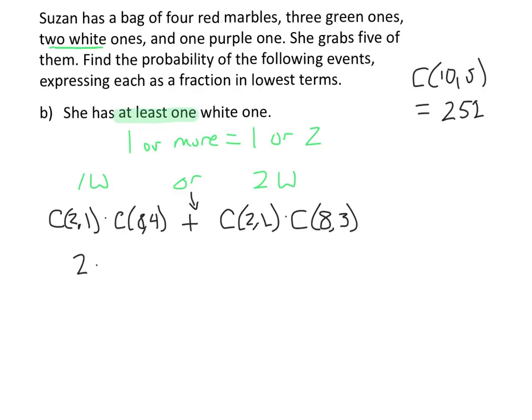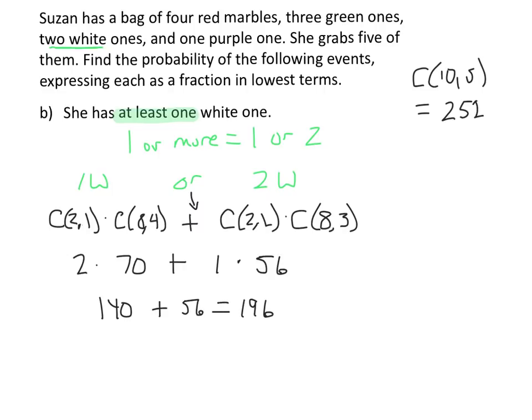And 8 NCR 4 is 70, plus 2 objects taken 2 at a time is 1, and NCR of 8, 3 will give us 56. 2 times 70 is 140, plus 56 equals 196.